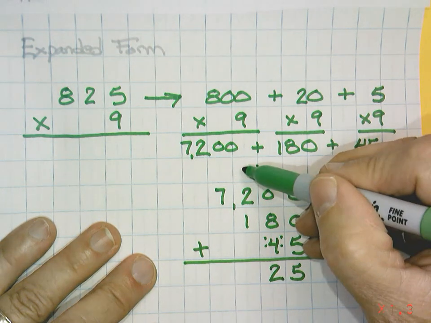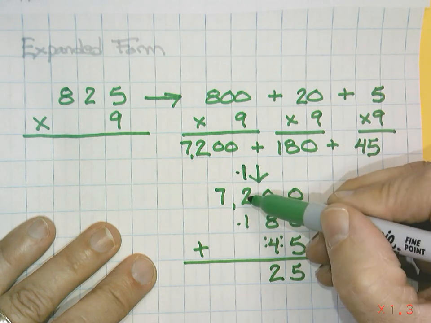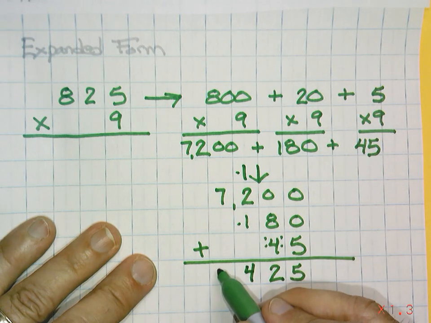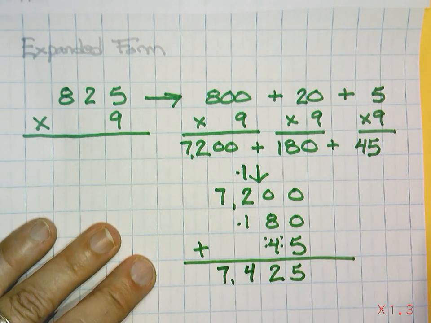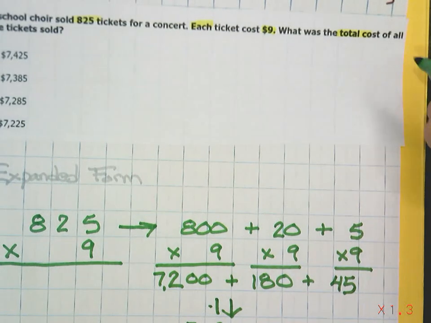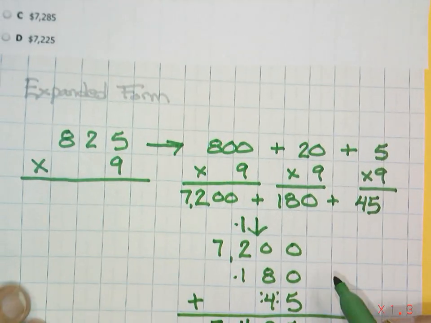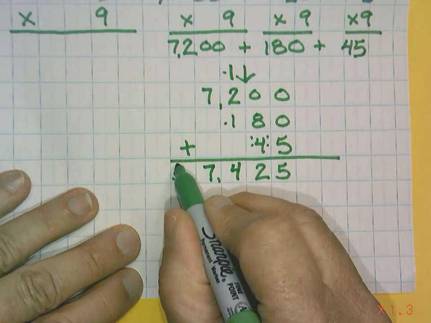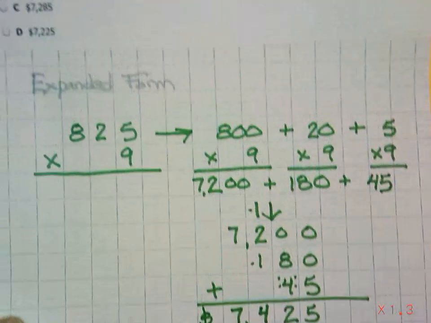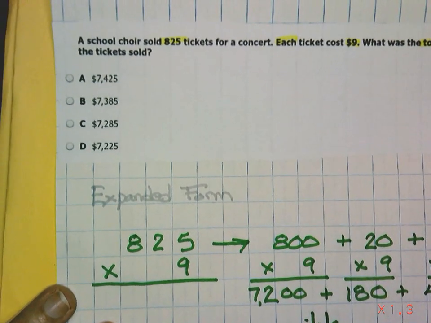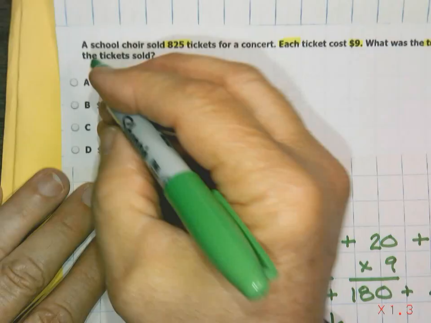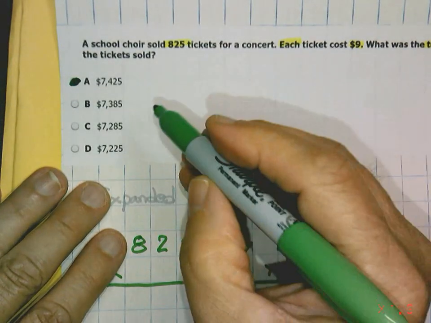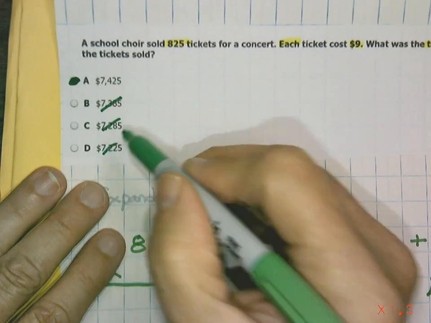We'll regroup our 1 here. So we have 2, 3, 4, and then 7. So the total cost of all the tickets sold was, and my dollar sign is, $7,425. Oh, well, great, right up here. So that would be A, and it would not be these others.